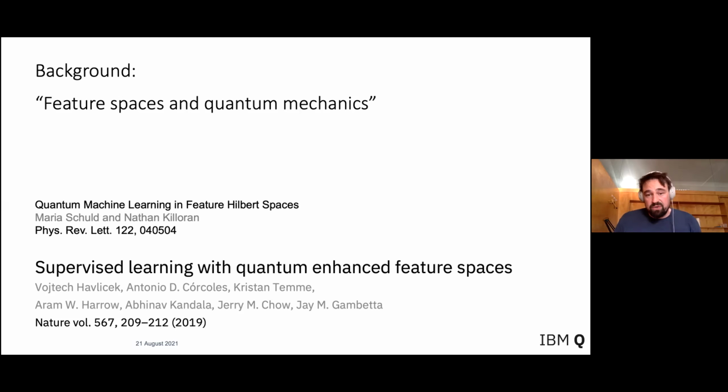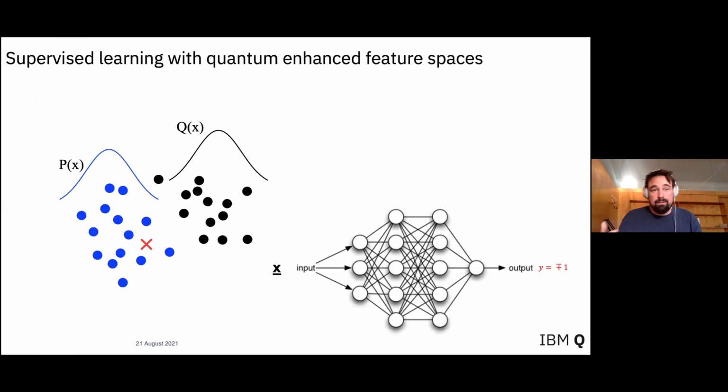Maybe there's something interesting you could do there. We thought about whether you could use that Hilbert space that physics provides to do something interesting that you couldn't do otherwise. There are some different takes in both papers, but both had the rough idea: there's a Hilbert space, why not use it? Let me give you some background on how we approach that.